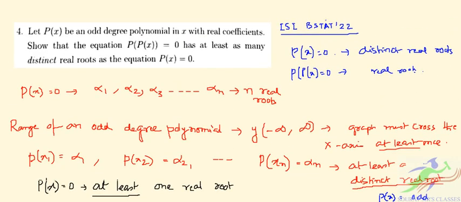Okay, so we have shown this for P(x) = 0 and P(P(x)) = 0.